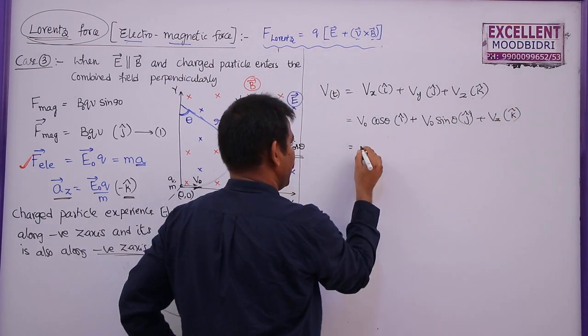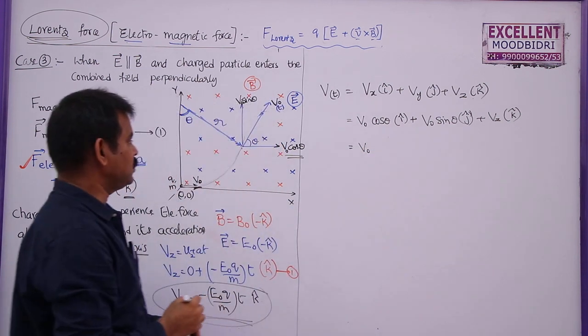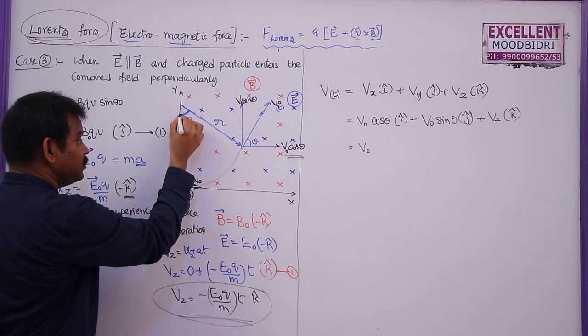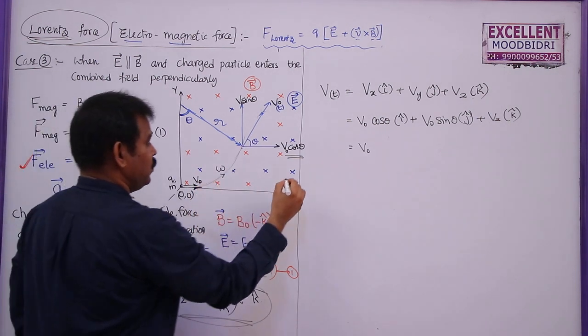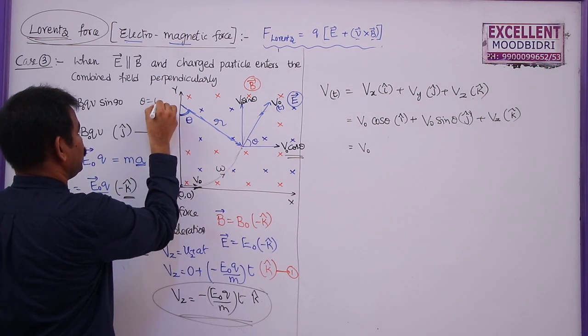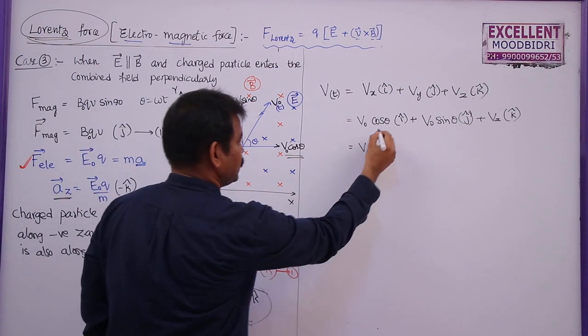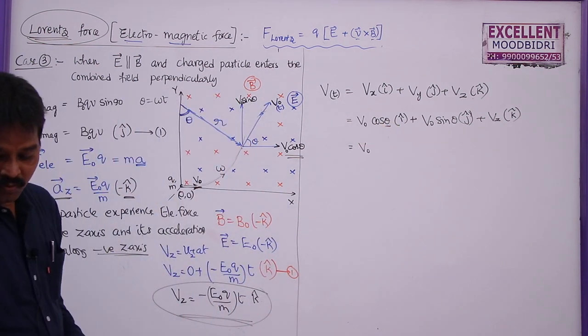Now substitute the values here. What is cos theta? The angle made by this radius vector at the center is theta. If the angular velocity is omega, we can write theta equals omega t. So in place of theta we can write omega t.